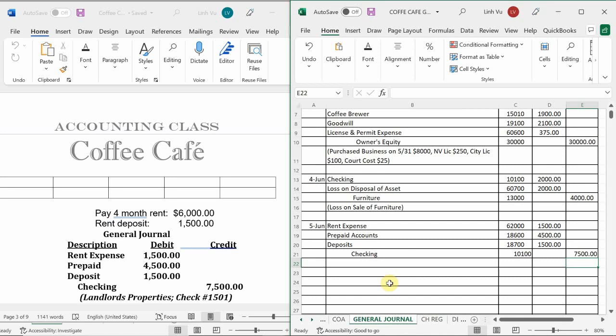Then that's where you can attach it to the description of this transaction, because then you know that that check is related to this transaction right here. Okay? Other things that we need to know here is, well, what was this rent, who did you deal with when you were working with this rent? In this case, we were dealing with landlord's properties.